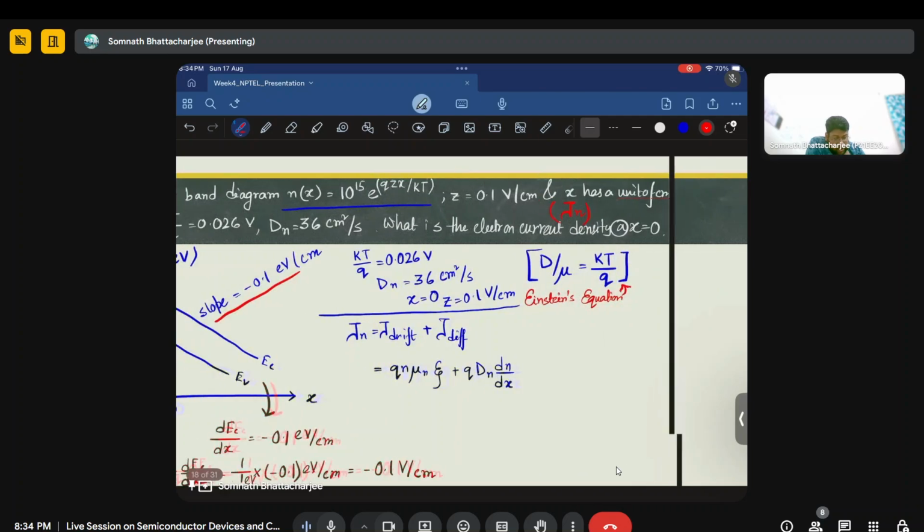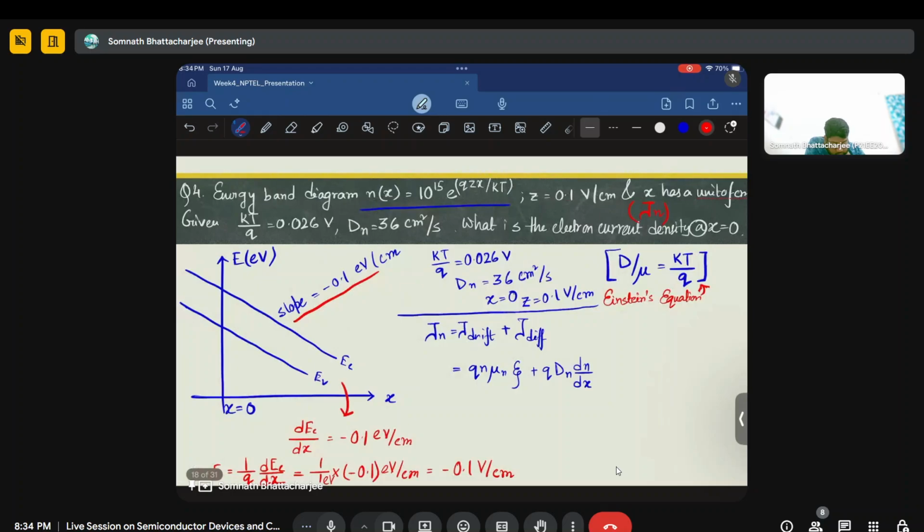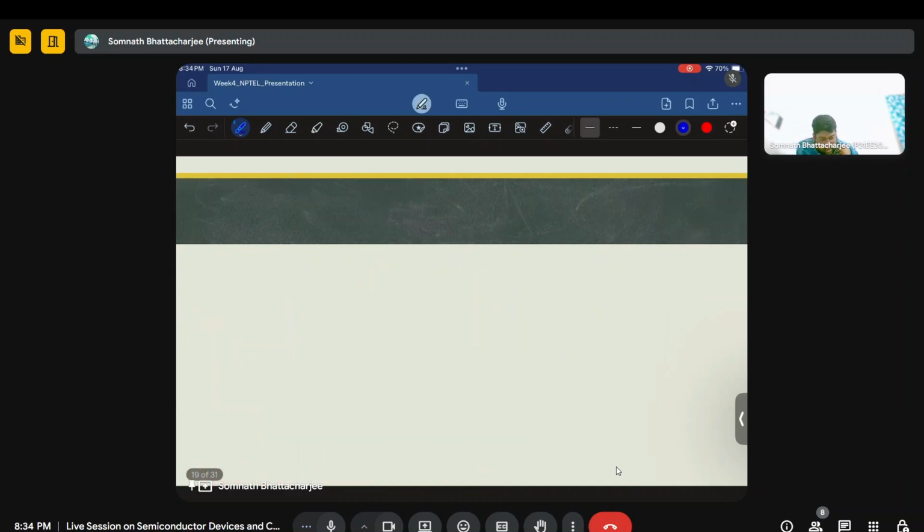Now we can directly put all the values here. Let me rechange it to E because I am writing E here. So we'll move to the next page. So Jn, we have got Qn mu n E plus Q Dn dn/dx. First we can get this.